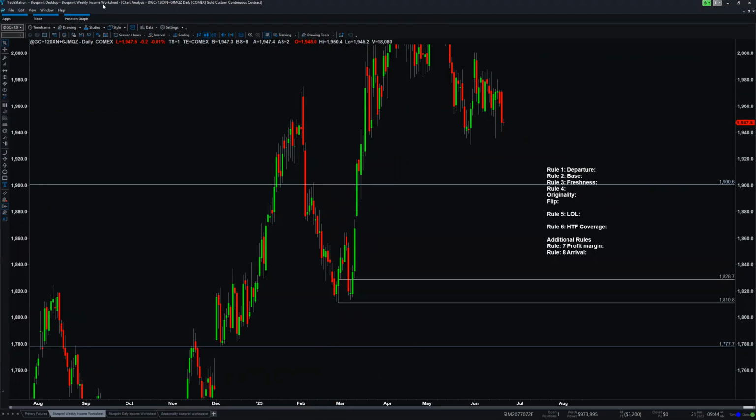So it's kind of like, okay, we see a drop-base-rally here, but I also see a drop-base-rally overall. So if I'm going to put my proximal here, then might as well just put my distal there, because it's very close there anyways.